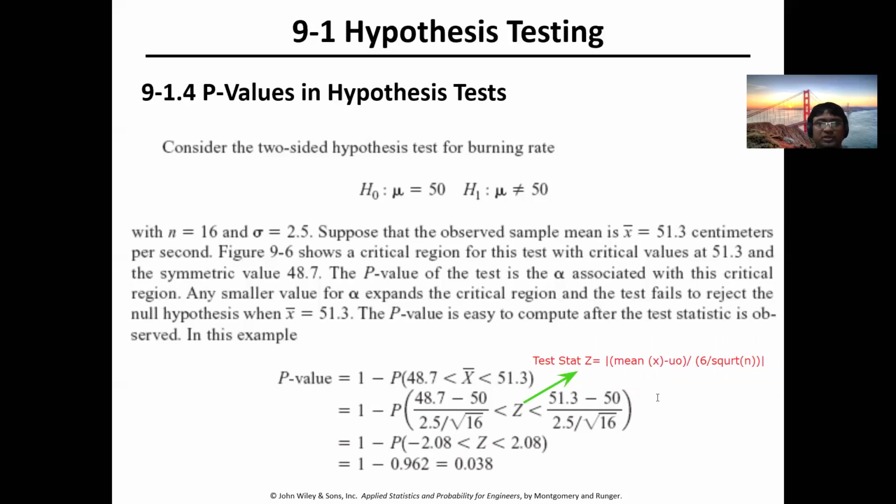If you use the value of Z, that is the test statistic we obtained, then we use the standard normal table. You should get the value from the standard normal table, and you have the answer like this.